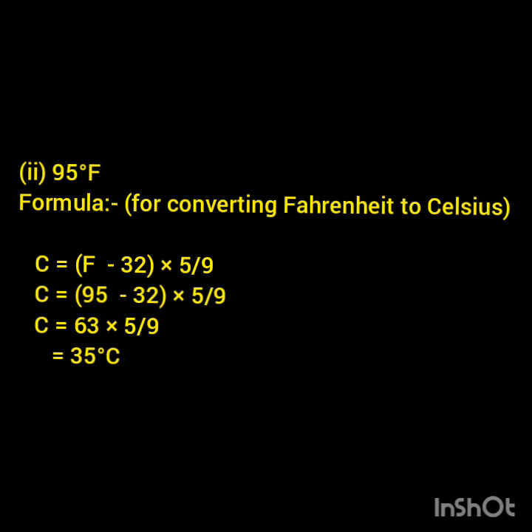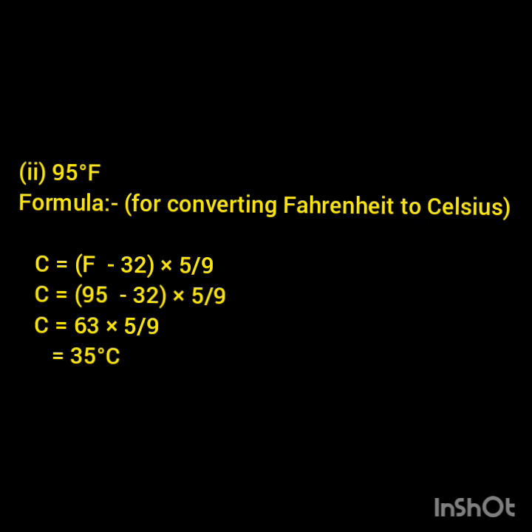Now, I am going to explain the next problem. Here, we are going to convert 95 degrees Fahrenheit to the Celsius scale. For that, the formula is C is equal to F minus 32 into 5 by 9. First, we subtract the value of 32 from the Fahrenheit value 95.